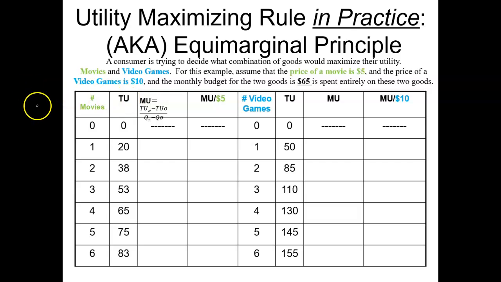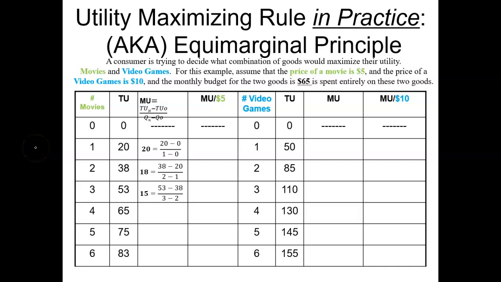So here we have our table. We have our movies, green to green, video games, blue to blue. And we're going to first find our marginal utilities. We're given the total utility over here. So 20 minus 0 divided by 1 minus 0 is 20. If you're not sure how we got marginal utility, we need to do some checking. Then we have 18: 38 minus 20 divided by 2 minus 1 is 18.